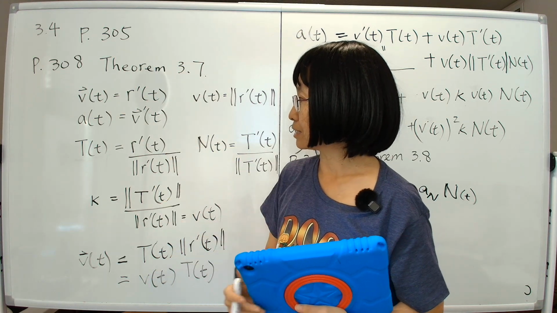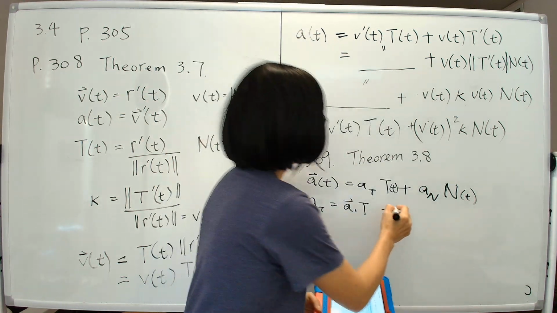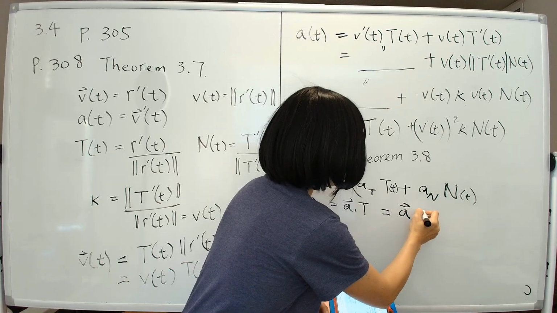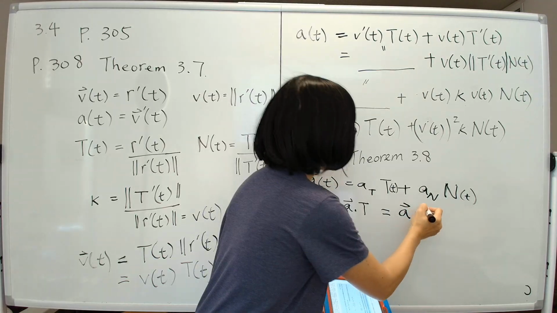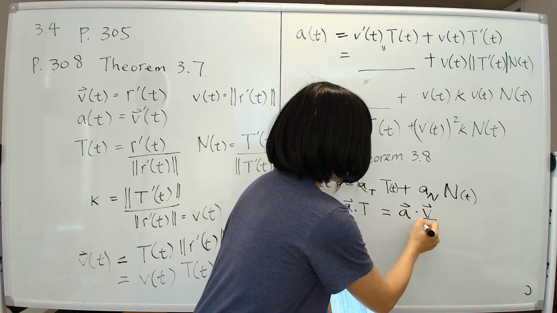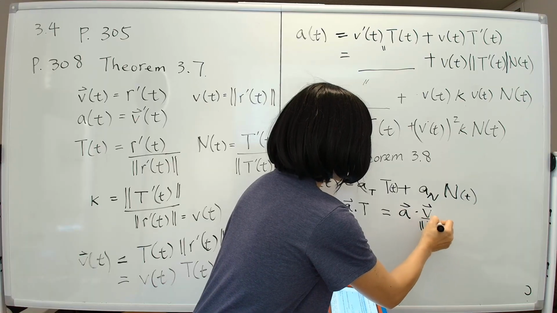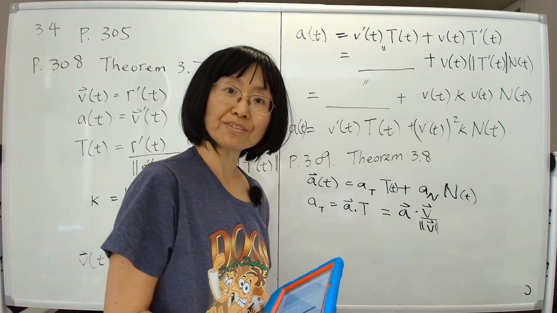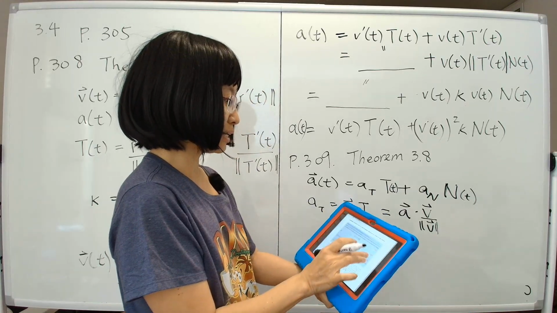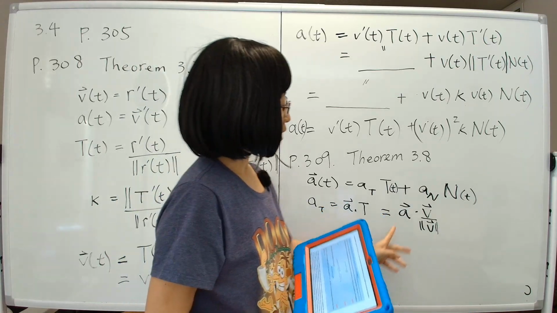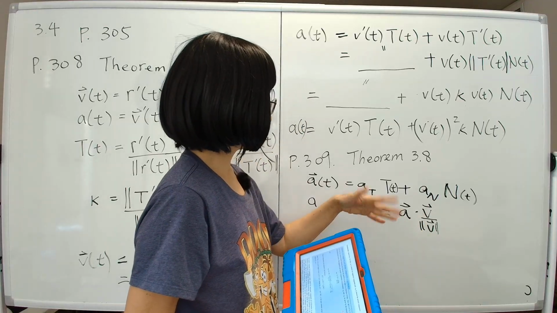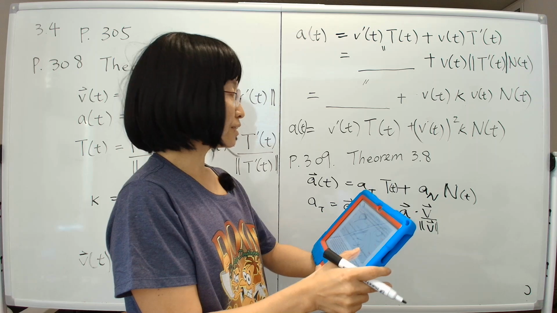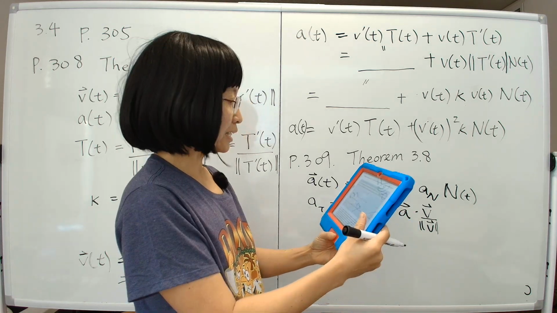In other words, it's the same as A dot v, the velocity vector, divided by its magnitude. That's the same as the unit tangent vector, and that's where we came up with this formula. A lot of times this is much easier to do than some other trick.